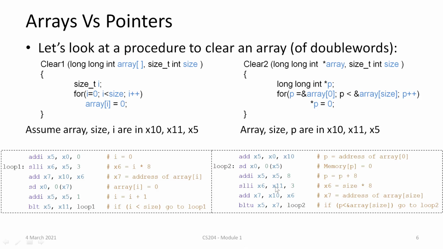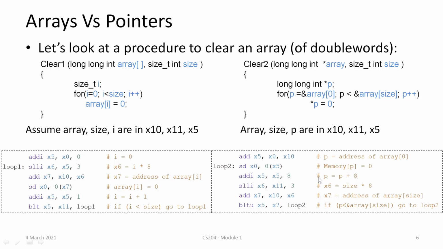But either way, we need to get the address of this last element of the array, here the null character. Because the size is available in x11, we multiply it by 8, and that value is stored in x6, and x10 is the starting address of the array. So to that we add the offset of the last element of the array, which is in x6, and that's when we get the address of the last element of the array.